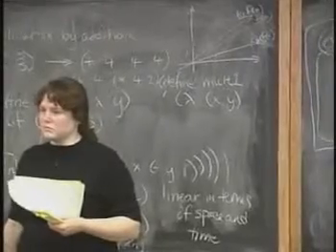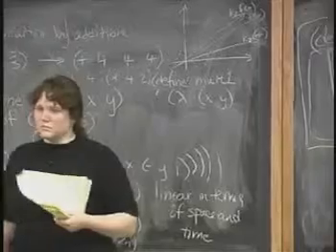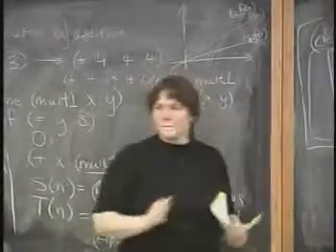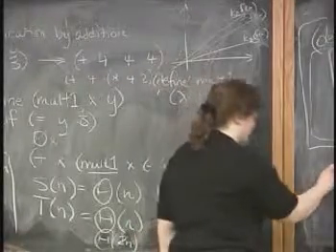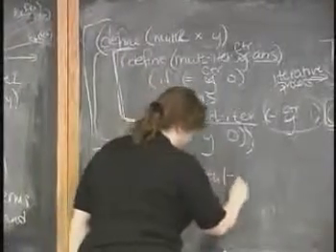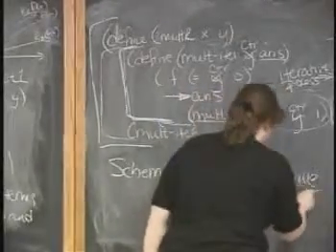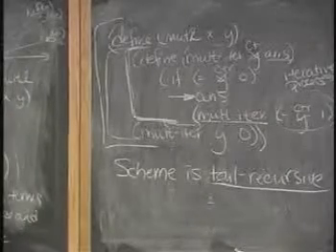Is the interpreter not building up a stack of function calls in this case? Is it really getting rid of the old version and...? Scheme is something called tail recursive, unlike C, Pascal, and other languages.